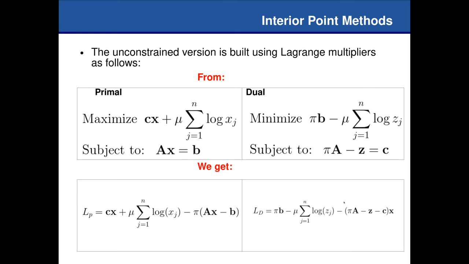On the other side, this constraint must be equal to 0, so pi A minus e minus c equals 0, which is in here, multiplied by my Lagrangian multipliers. And my vector with the Lagrangian multipliers in this dual form is going to be my variable in the primal problem.